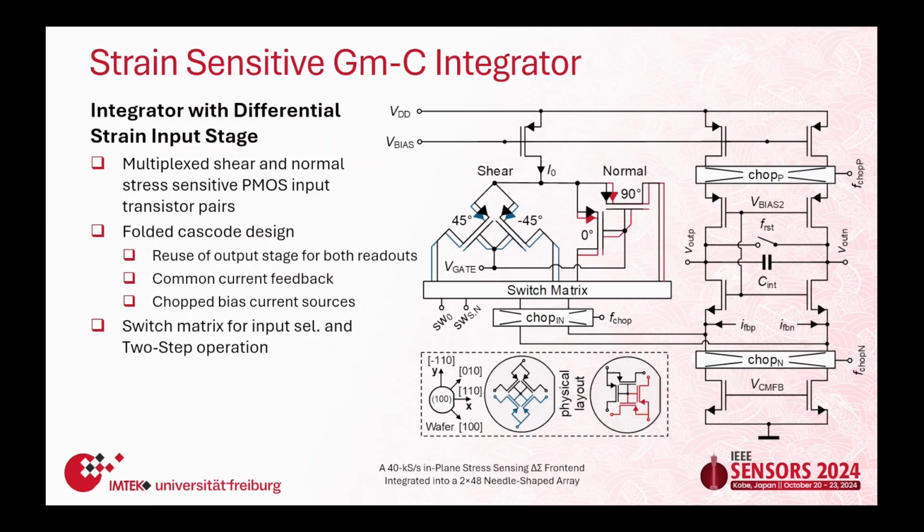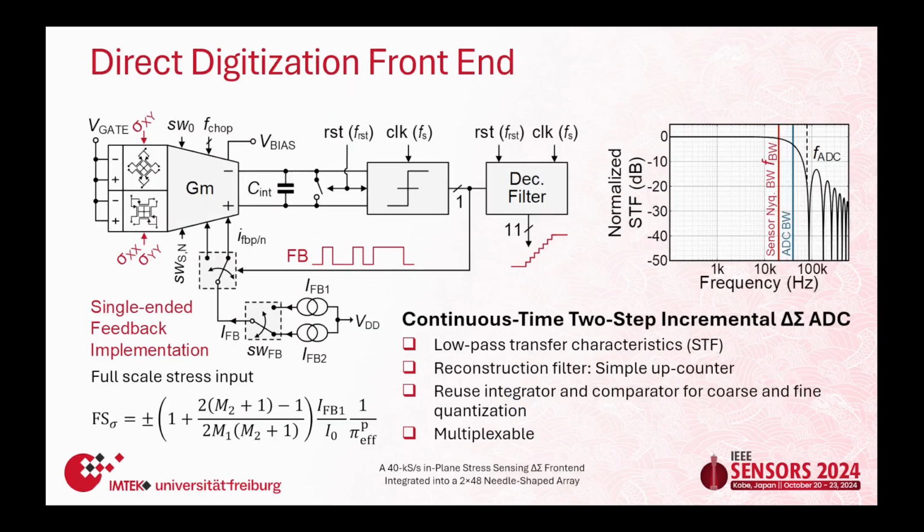You're probably asking why I'm showing an integrator, and the reason is simple, because the integrator is the loop filter of our delta sigma, or continuous time delta sigma two-step ADC. As you can see over here, we have the strain-sensitive GMC integrator, which is converting our stress signal into a current. And the current is integrated on the integration capacitor over here.